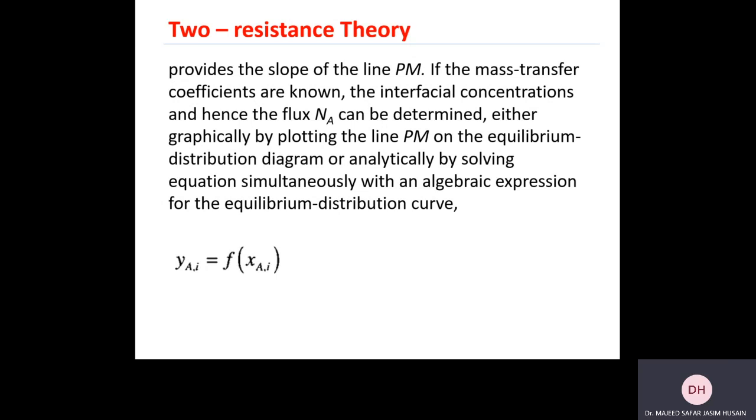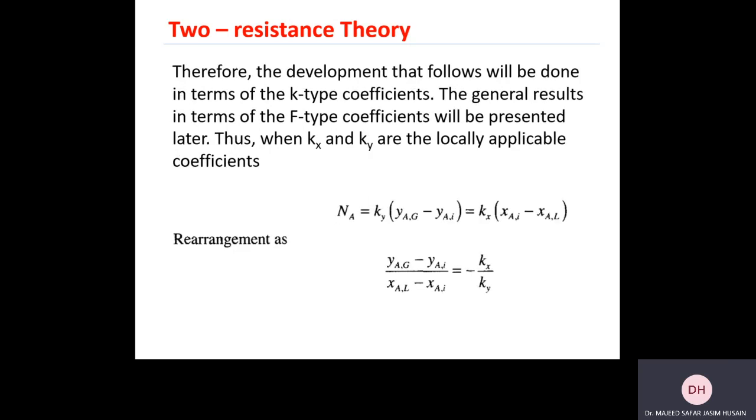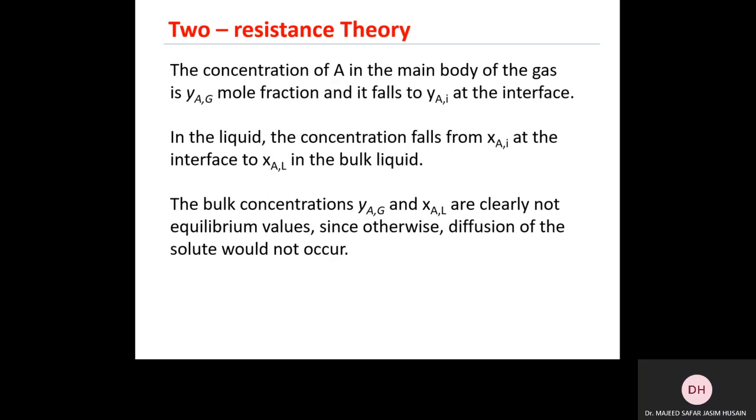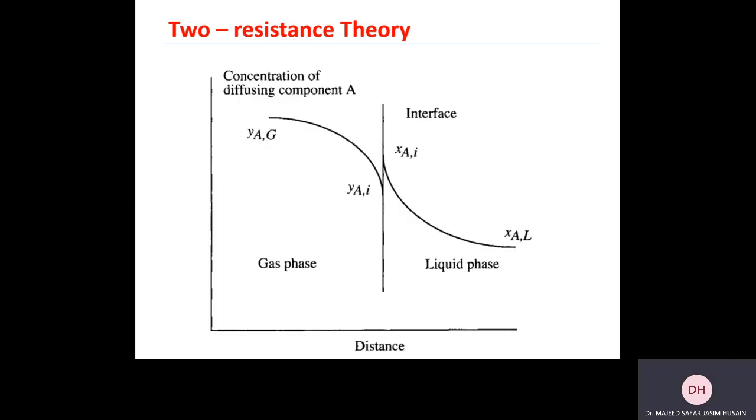So basically, this is the two resistance theory. There was one resistance in the gas and one resistance in the liquid, and this is how they explained how mass transfer is happening between two phases, as we have seen from this diagram. So it's important that you know how this diagram is proceeding.